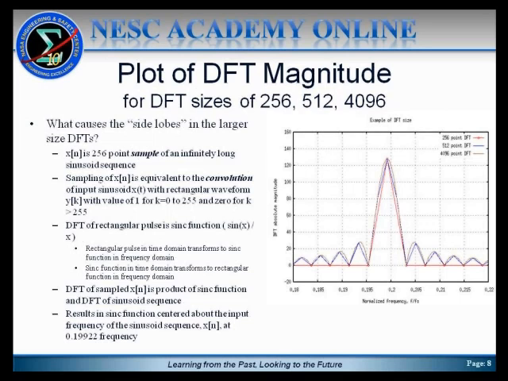Sampling of that infinitely long sequence into a finite sequence of 256 points is equivalent to the convolution of that input sinusoid with a rectangular waveform, or a rectangular window if you want to call it that, that has a value of 1 for k equals 0 to 255 and 0 for k greater than 255. So basically you've put a block window in there and just extracted 256 points and ignored all the rest.